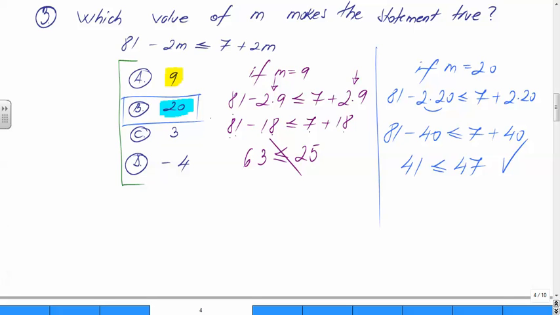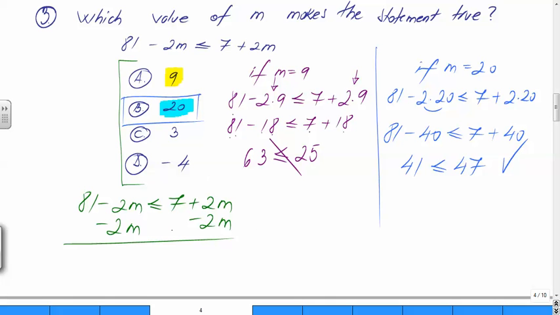That's one way. The other way will be to solve your inequality. Always remember how to do that, right? 81 minus 2m less than or equal to 7 plus 2m, okay? I want to have my m's on the left. Let's do it that way because I want to remind you about what's happening when you multiply or divide by negative numbers. I'm going to take this 2m from the right, 2m from the left. You solve exactly the same way we solve an equation.